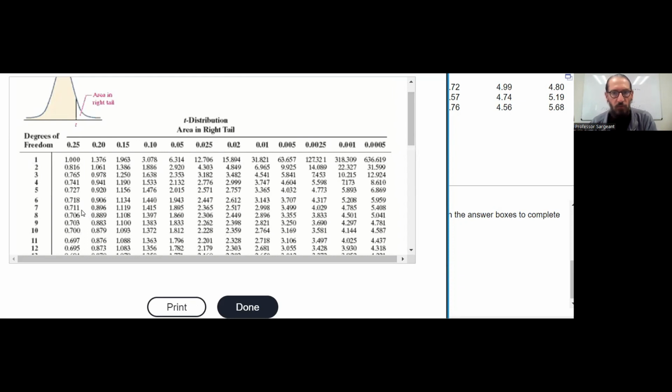That higher t-value is going to give us a larger margin of error. It's going to make the confidence interval wider. So 11 degrees of freedom and half of 1% is going to be 0.005. So our t value is 3.106.